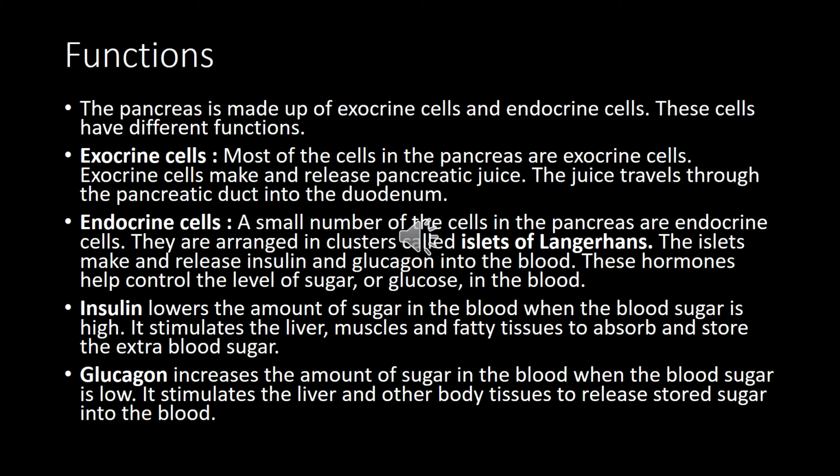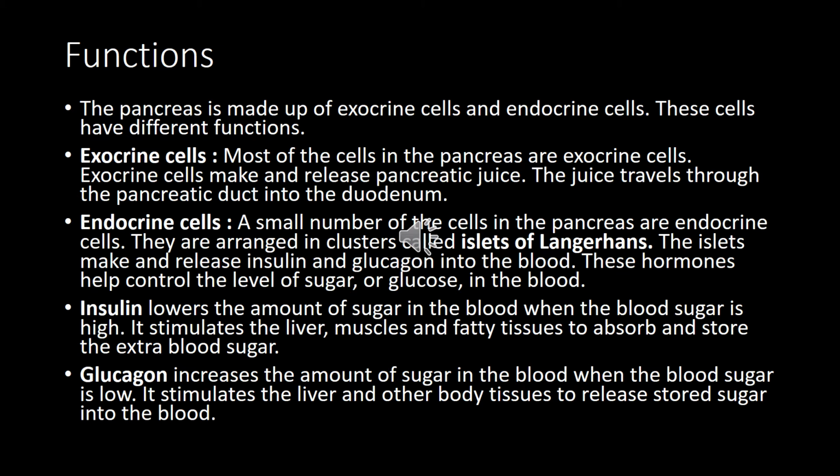So when does insulin work? Insulin lowers the amount of sugar in our blood when there is a high level of sugar and we need to bring it to the normal level.